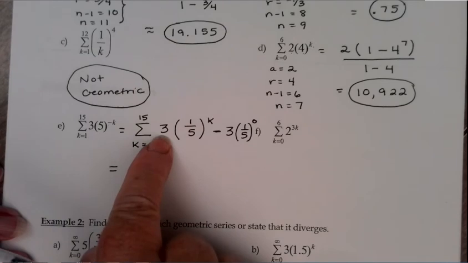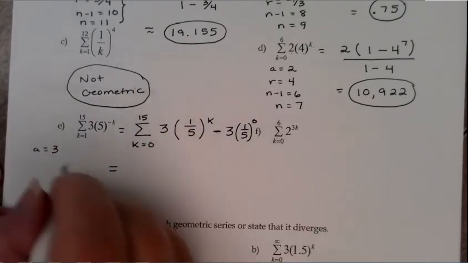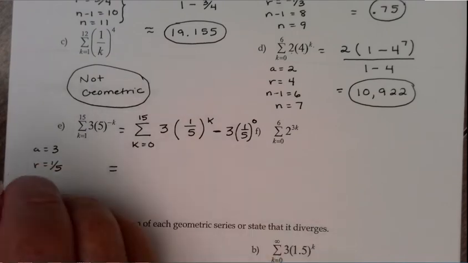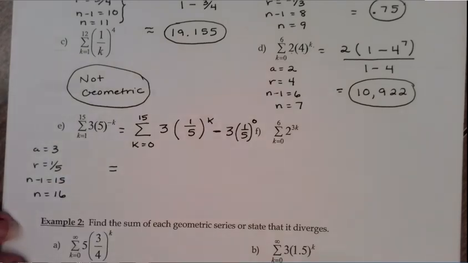All right, a is 3. r is 1/5. And n minus 1 is 15, so n is 16. And then I plug everything into my sum formula for the geometric series.